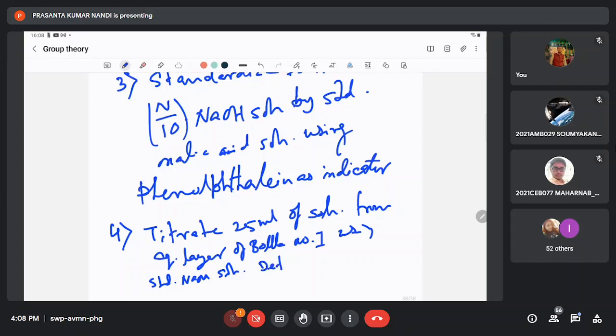Determine CW by square root of CT. That you have to calculate.